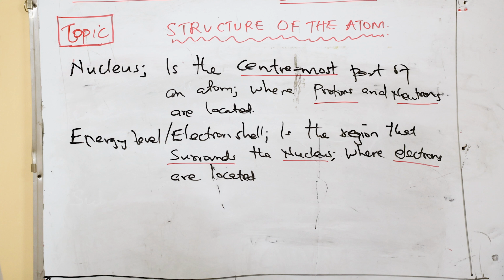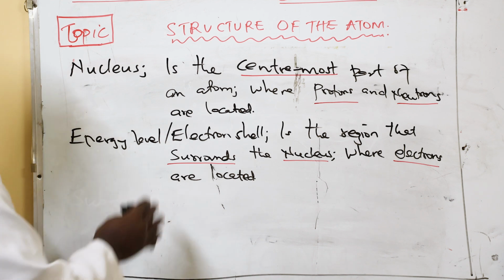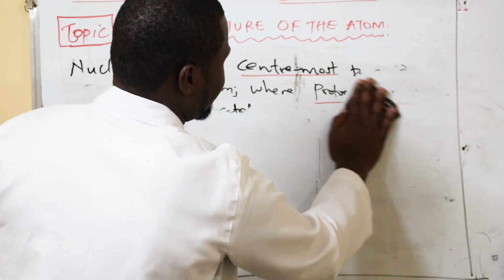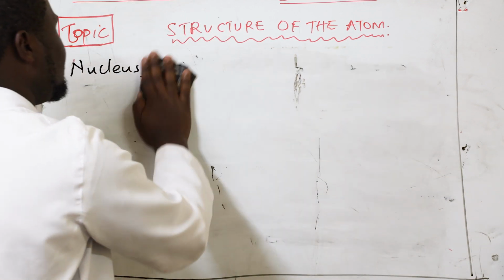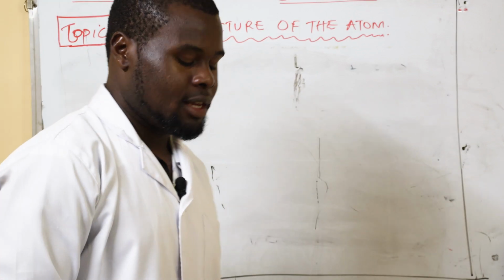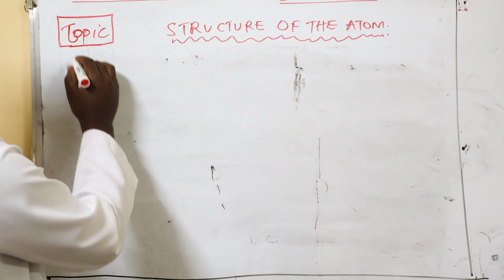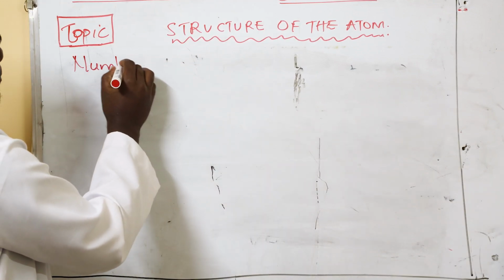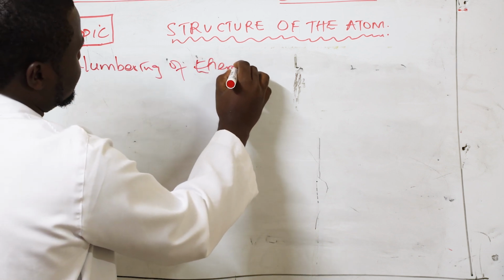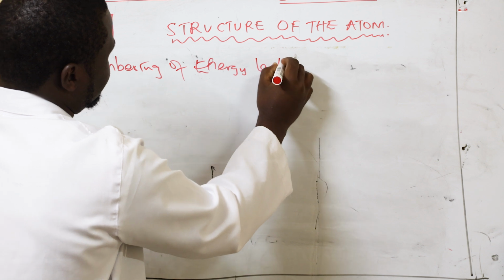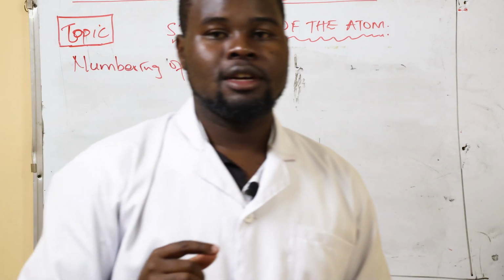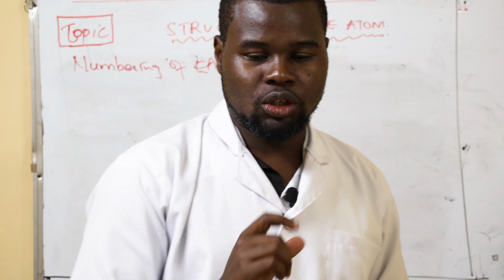So after this, I want to talk about energy level in details. Now, when we talk about energy level in details, what I want to talk about is numbering of energy level. Now, this depends on the number of electrons that are present within the structure of an atom.